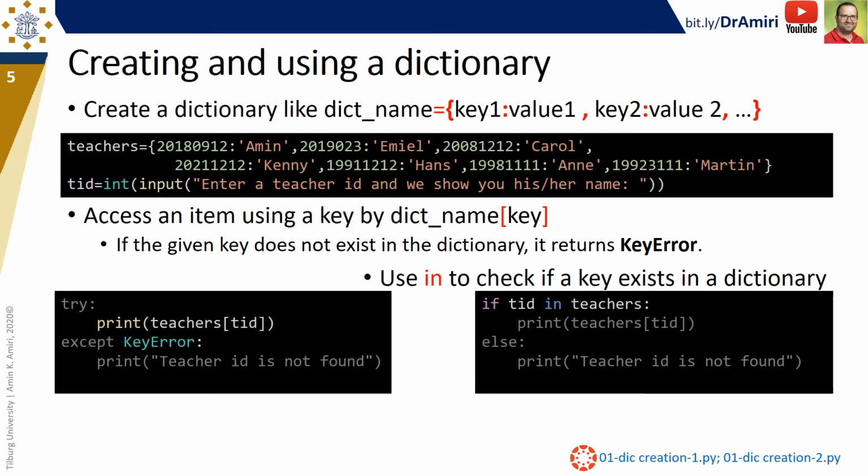But if the TID exists in the dictionary, we can simply print teachers in bracket TID, which will retrieve the name of that teacher and print it. So you can see here that the code is very small in comparison to the code for list of lists.